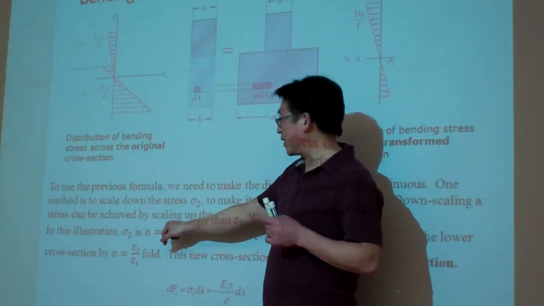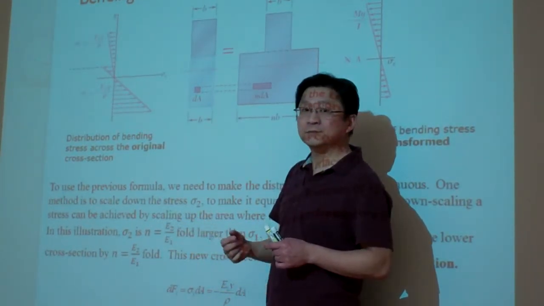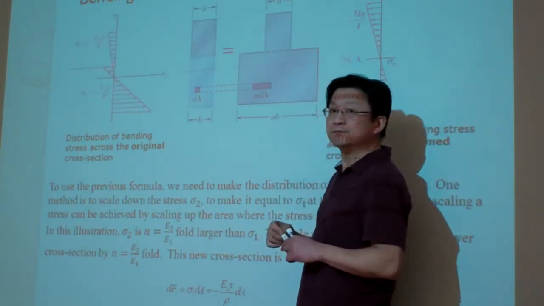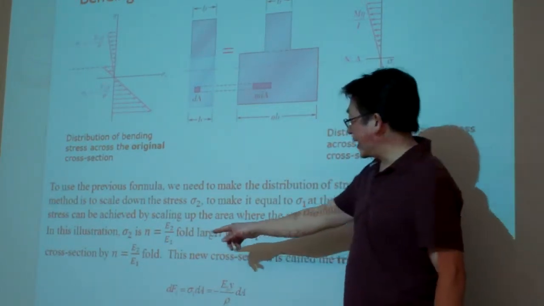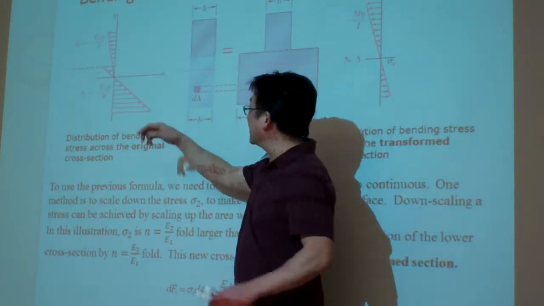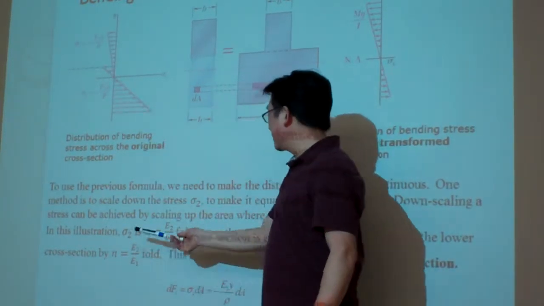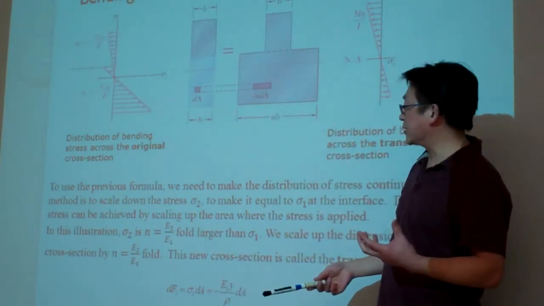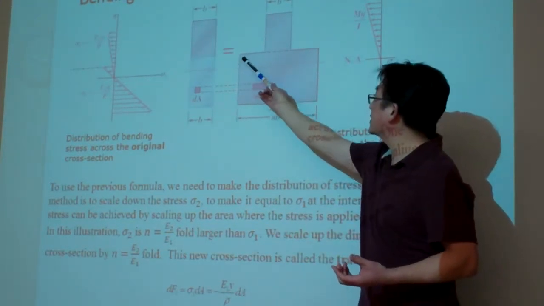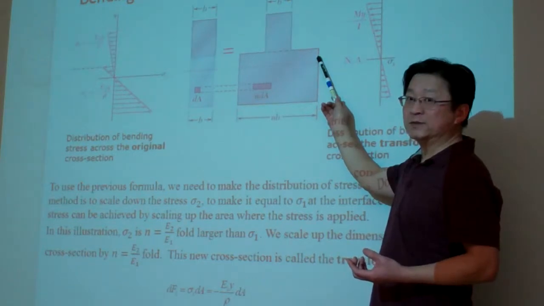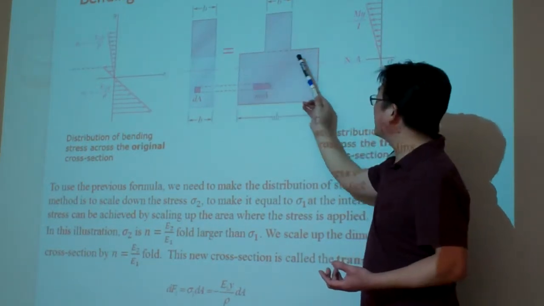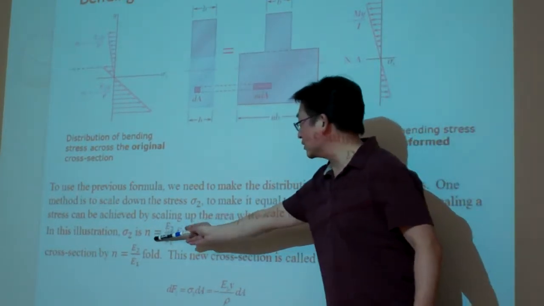The 2 corresponds to the portion we're going to transform. So n will give you, for example, the number I mentioned, 3. So this n will be the number of folds by which that portion is increased. So we increase the dimension by n-fold, per this formula.